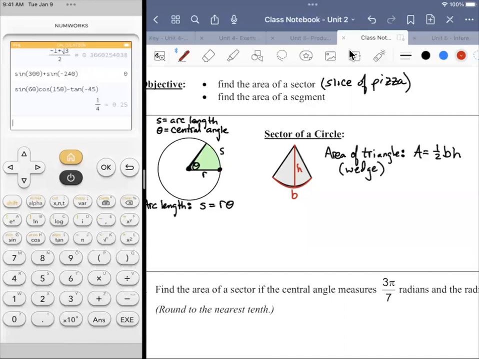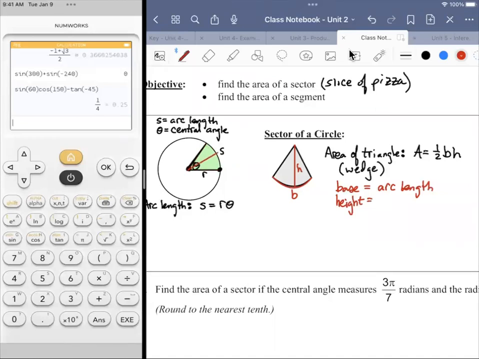But the base in a wedge is equal to the arc length. The height would be equivalent to starting at the center of the circle and going out to the circumference. It's going to be a radius.